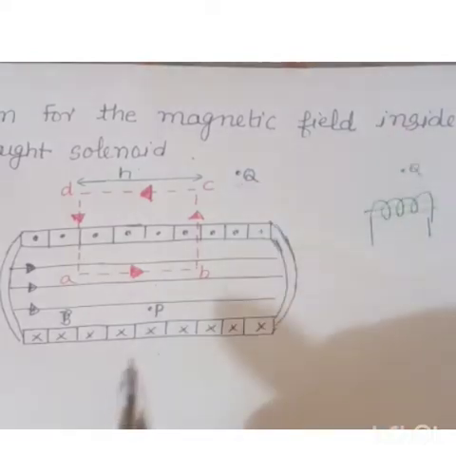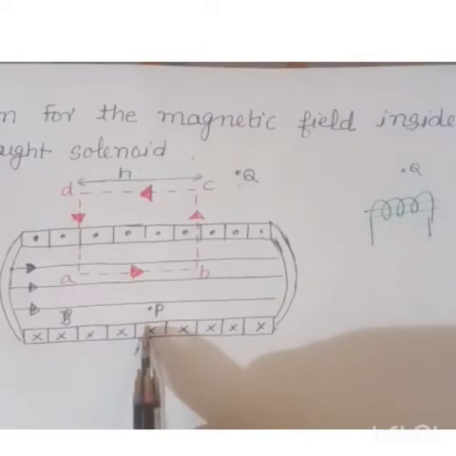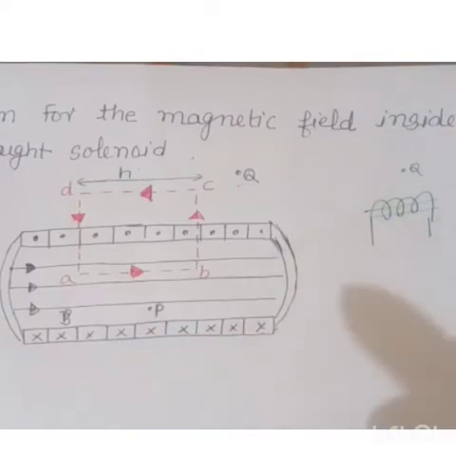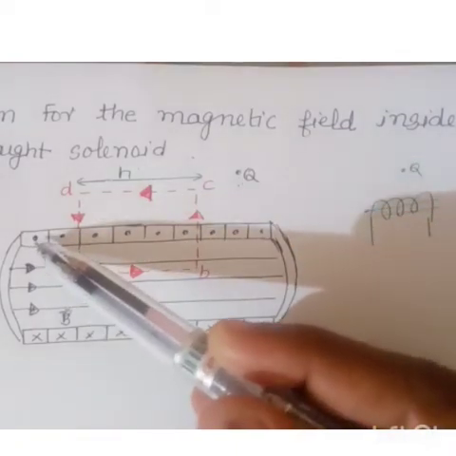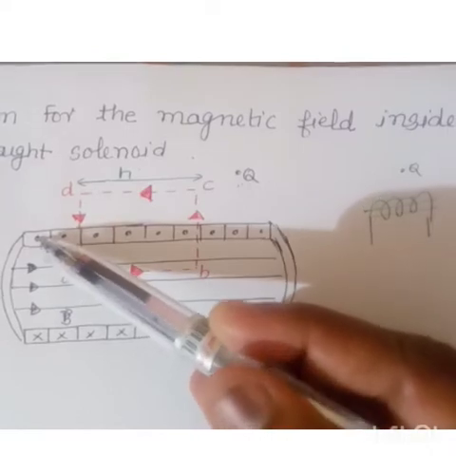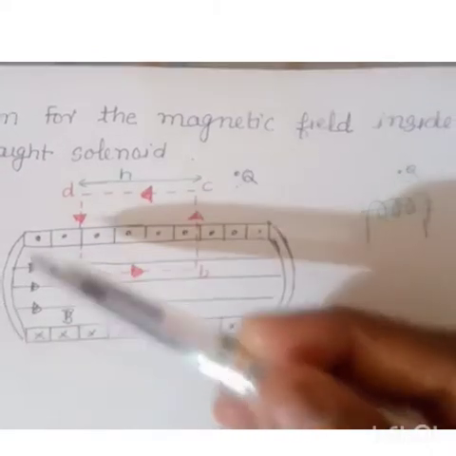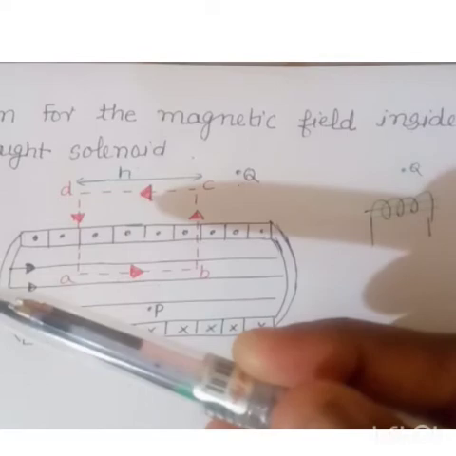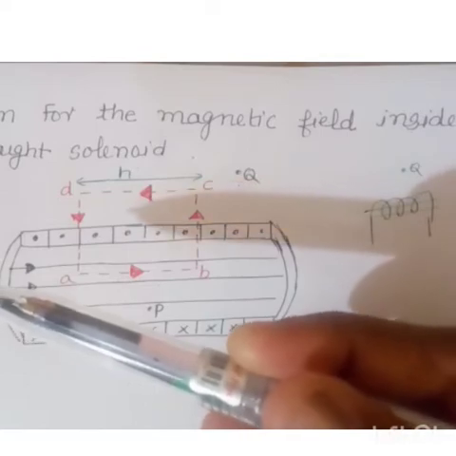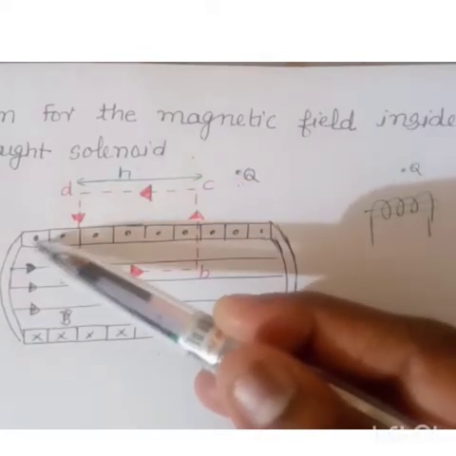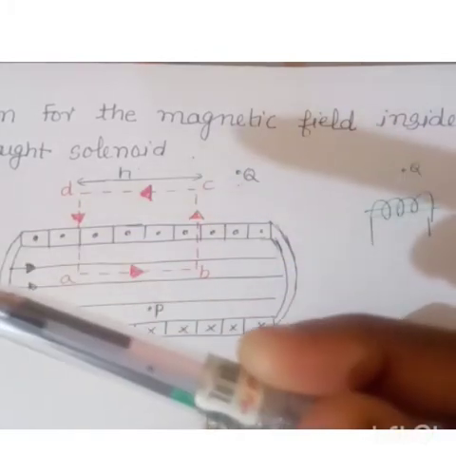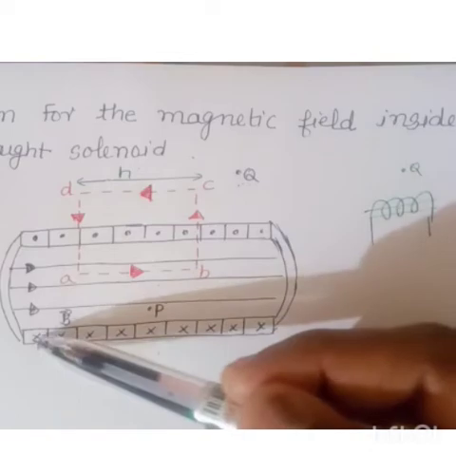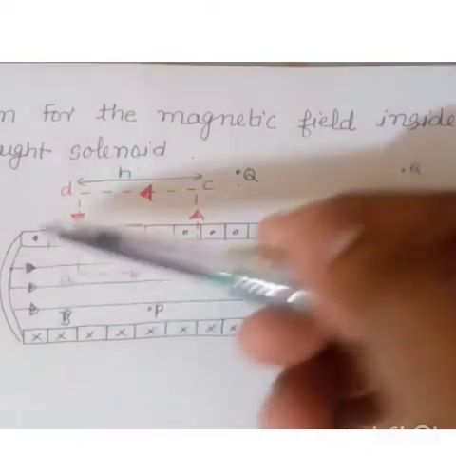Understood? And also look at the picture. This is a sectional view of a solenoid. At various turns of the solenoid, the current comes out of the plane of the paper at points marked as dot. Then the current enters into the paper, because it is a coil.